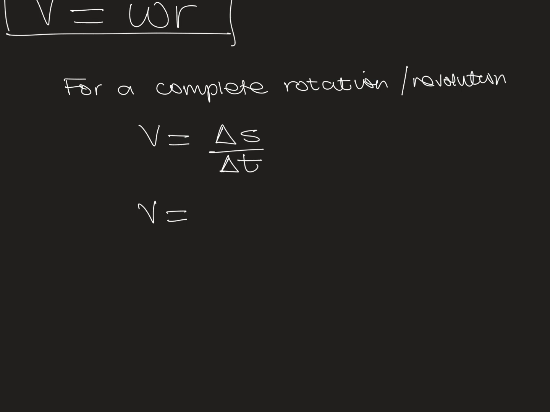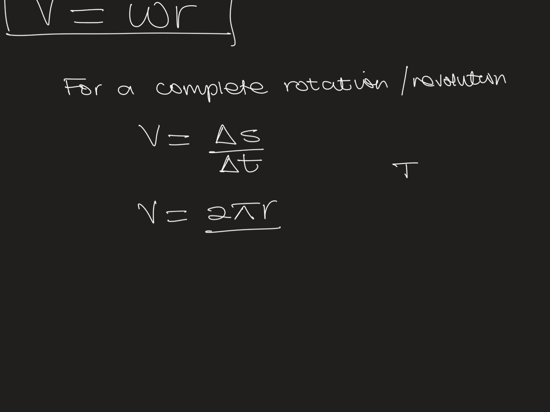So delta S becomes 2 pi r, right? Divided by the delta T here will now be changed to period, okay? That is the name or the time that we use when the object performs one complete rotation.